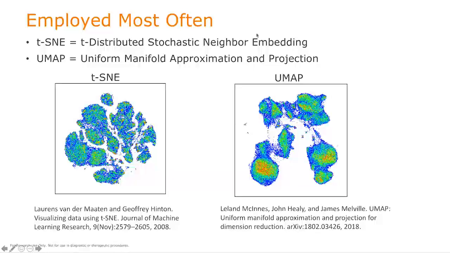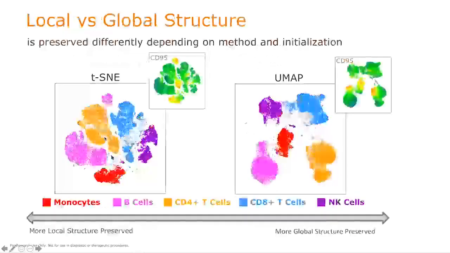and in single cell multi-omics or single cell sequencing, UMAP is the clear winner in customer use right now. Both of these give you valid representations of your data, but they do have the difference here, as I'm going to say again. I mentioned it, but t-SNE does a better job of flattening all the data, so you don't have different populations piled on top of each other in the z-axis, and it preserves more local structure.